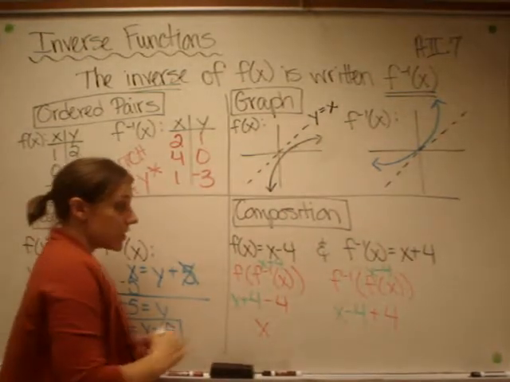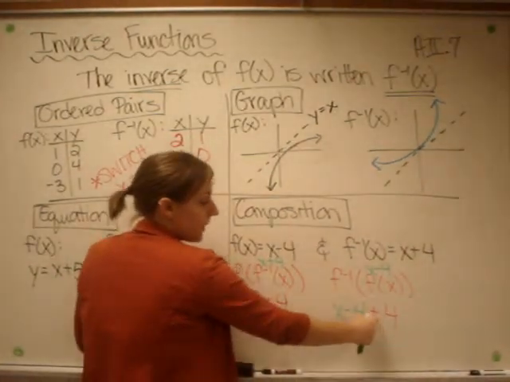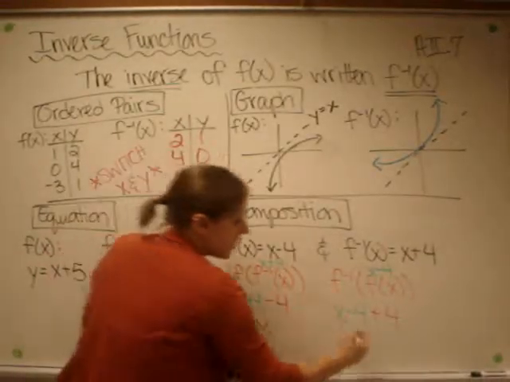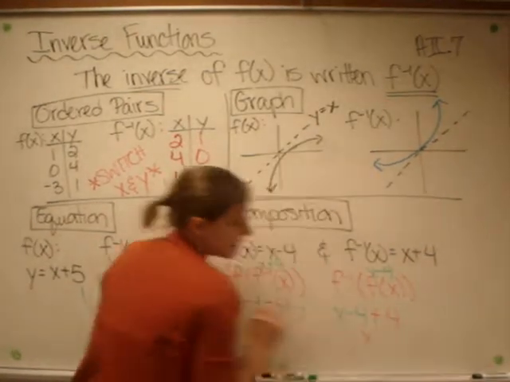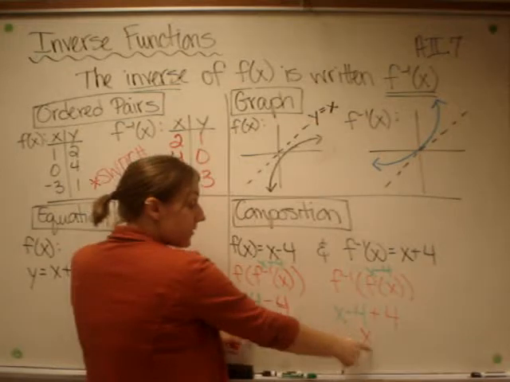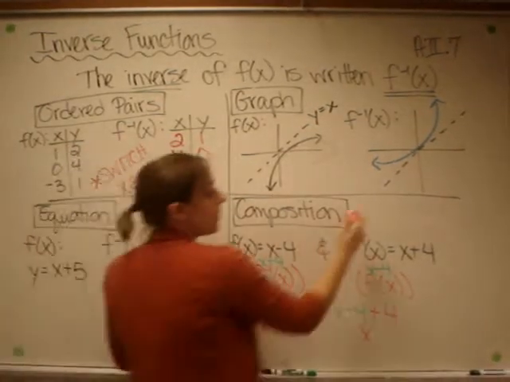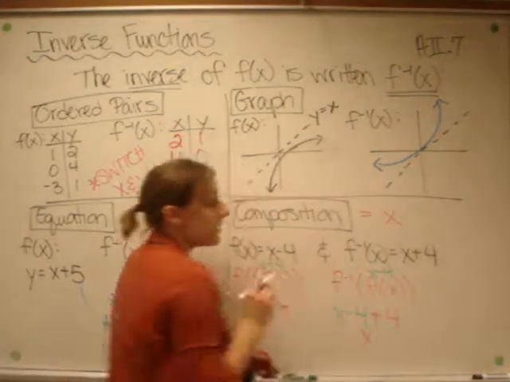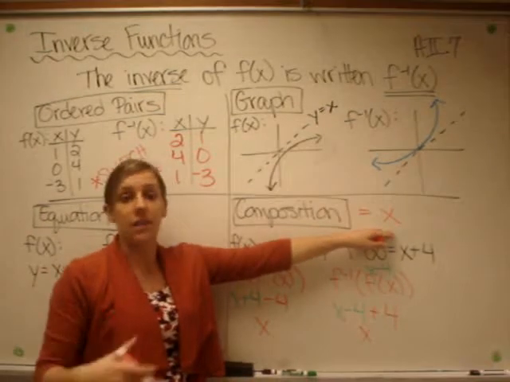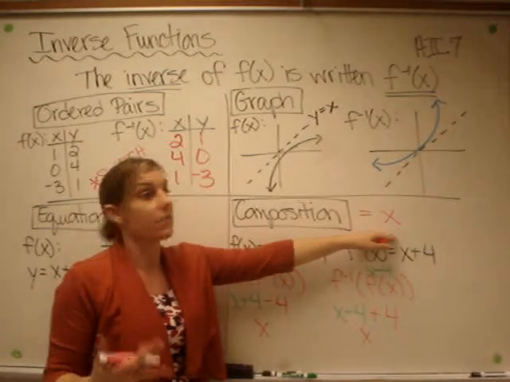And again, negative 4 and positive 4 cancel out, so I'm left with just my x. When you are left with x, that means that they are inverses. So you always get equals x, and that's all you get. If you have anything else, you know that they're not inverse functions.